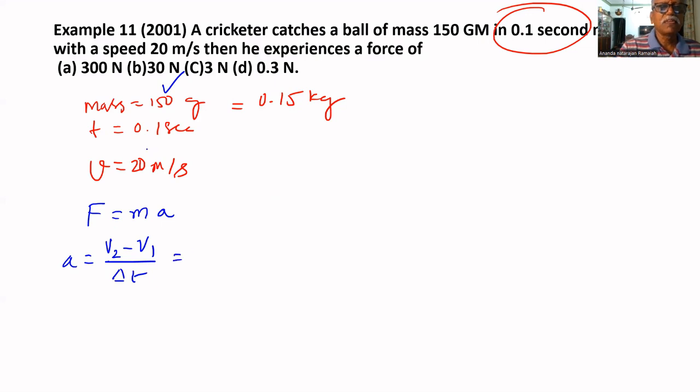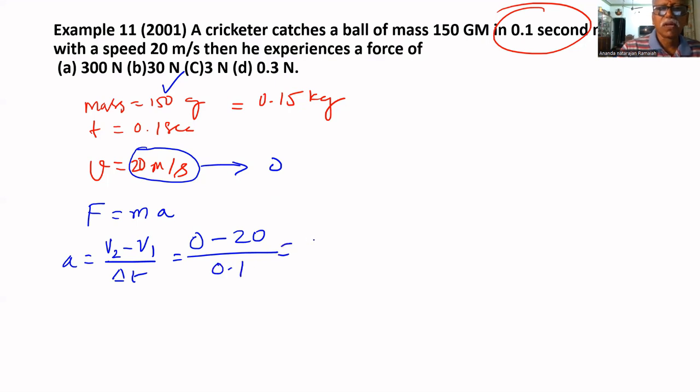The ball is coming at a speed of 20 meters per second. After catching, its velocity becomes 0. Therefore, initial velocity is 20 meters per second and final velocity is 0. 0 minus 20 divided by 0.1 second gives minus 200.